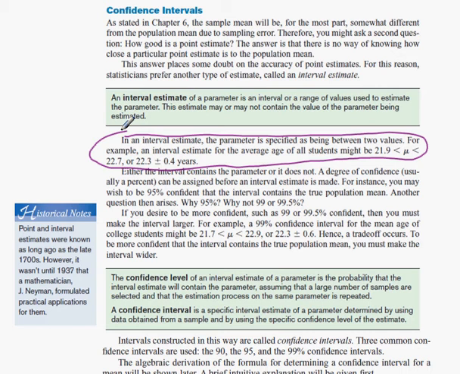So this gives us an interval, and that way we can figure out, if it's all these different values, what percentage chance it is accurate. As explained in the next paragraph, you could find out that it's 95% accurate, or that it's 99% accurate. Obviously we want to be as accurate as we can, but we also don't want the interval to be so large that it doesn't tell us anything. Basically, it's going to get into the confidence level of each confidence interval, which should make sense.